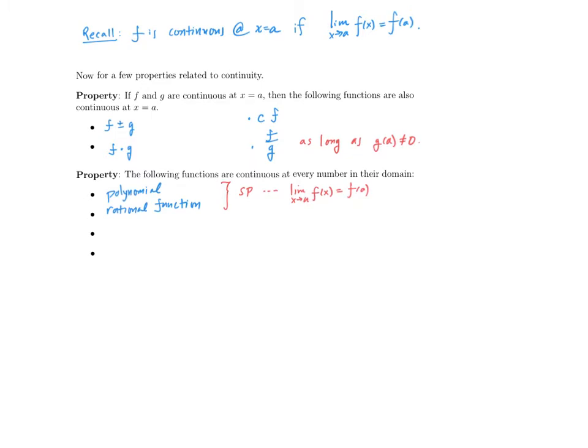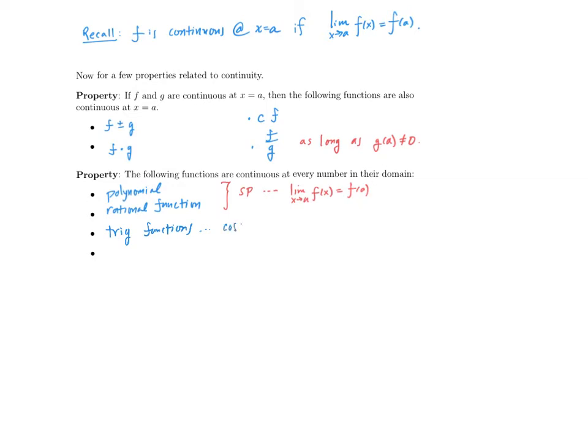I'll ask you to think about this for a moment. From your past experience in, say, pre-calculus, what are some common functions you've encountered that you'd expect to be continuous? A family of functions that immediately jumps out to me would be the trig functions. We work extensively with the trig functions, especially in the second half of pre-calculus. And those functions, if you picture their graphs, are going to be continuous wherever they are defined.